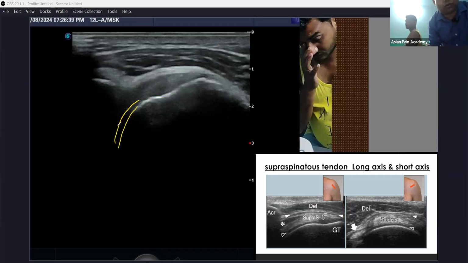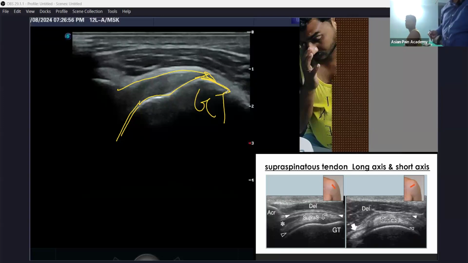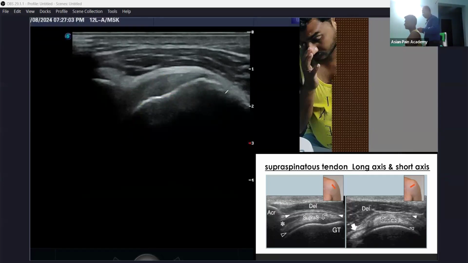If he does cross position, then we will see a bit of cartilage here. But then this is the supraspinatus tendon and bird beak appearance, which is inserting at the greater tubercle. So I think this one everybody has seen, understood.